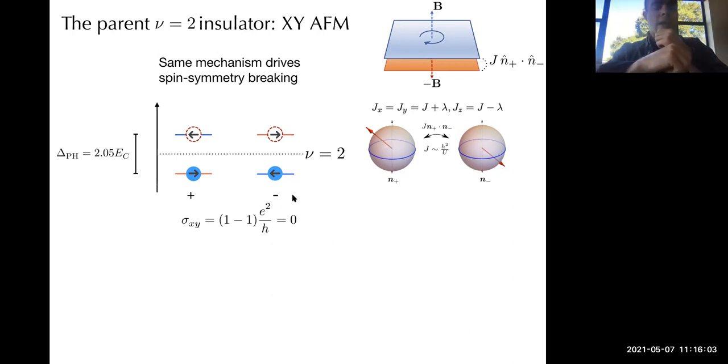And because generally we're going to work with a small amount of easy plane anisotropy, the spin ordering is going to be in the XY plane. But J is small, so it's kind of floppy, so it doesn't matter. It doesn't mind too much actually canting into the Z direction when the anisotropy is weak.